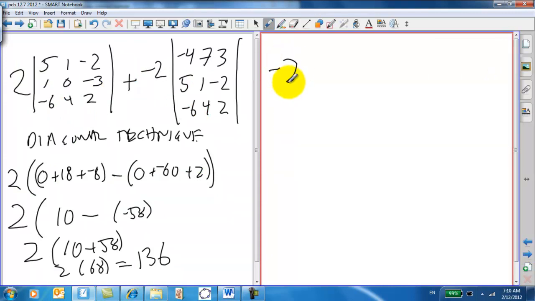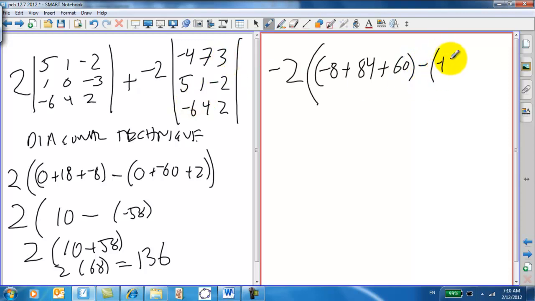So we get negative 2 times, here's our first diagonal, negative 8, plus 7 times negative 2 times negative 6. Okay, so that's 12 times 7, or 84, plus 3 times 5 times 4 is 60. Minus, now in the other direction, negative 18, negative 2, 4, and 4 is 32. And then 2, 7, and 5 is 70.